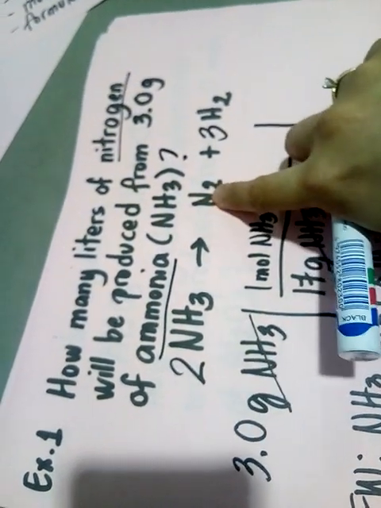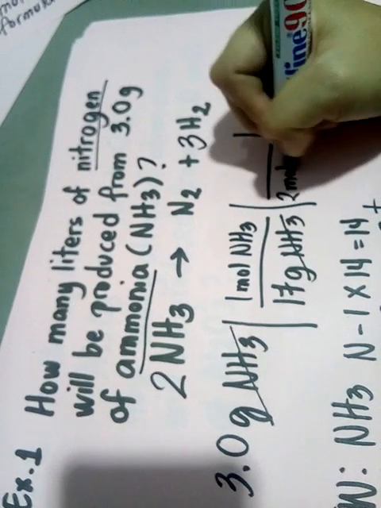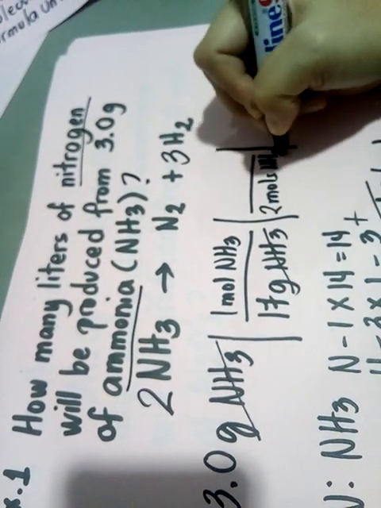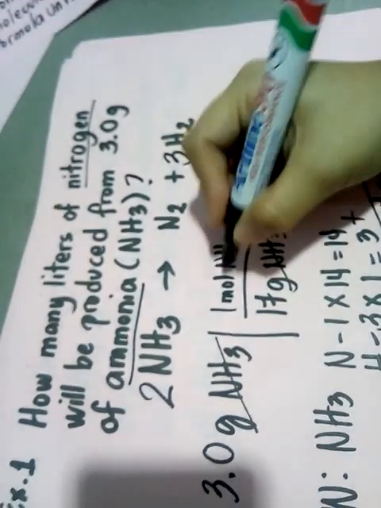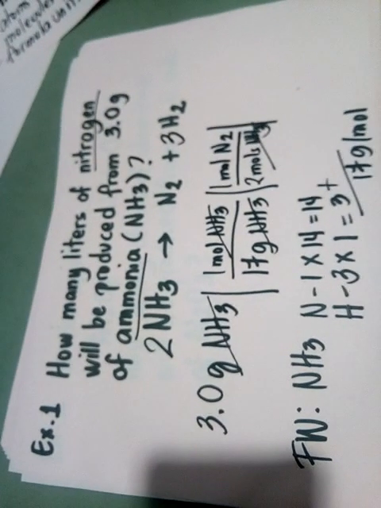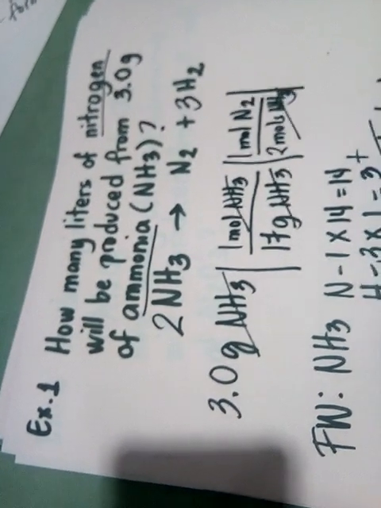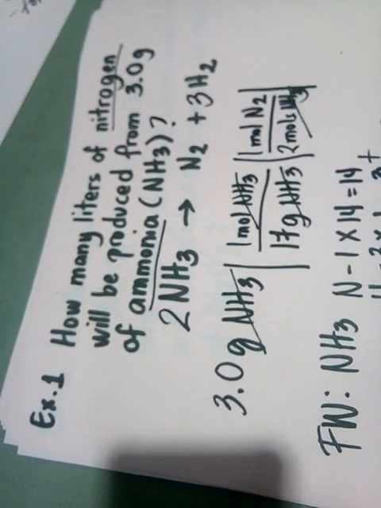That would be 2:1. For every 2 moles of NH3, there is 1 mole of N2. So we now have moles of N2. However, we're not looking for moles of N2. We're looking for liters of nitrogen.